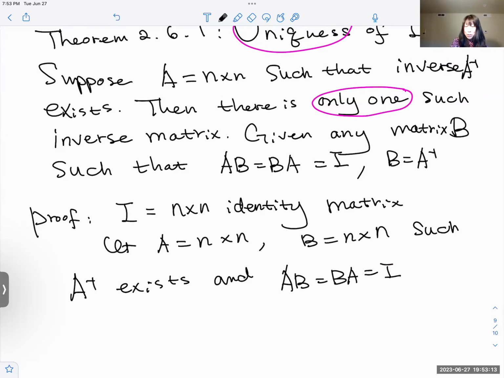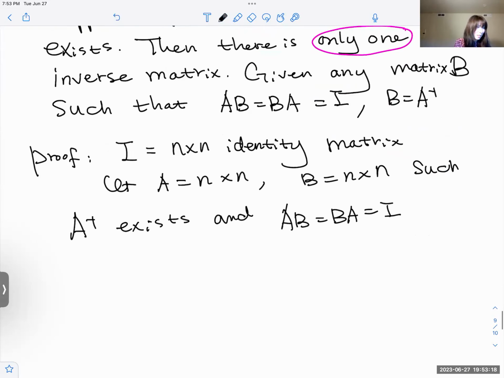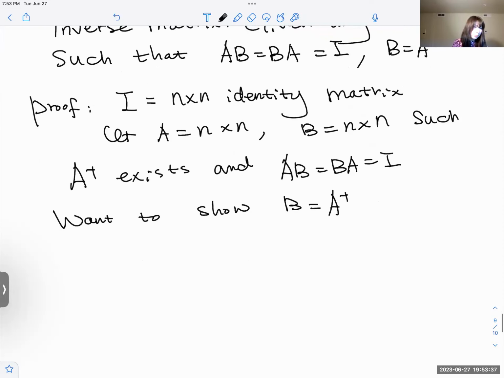Then what we want to show, only this one, is that B equal to the inverse of A, all right?